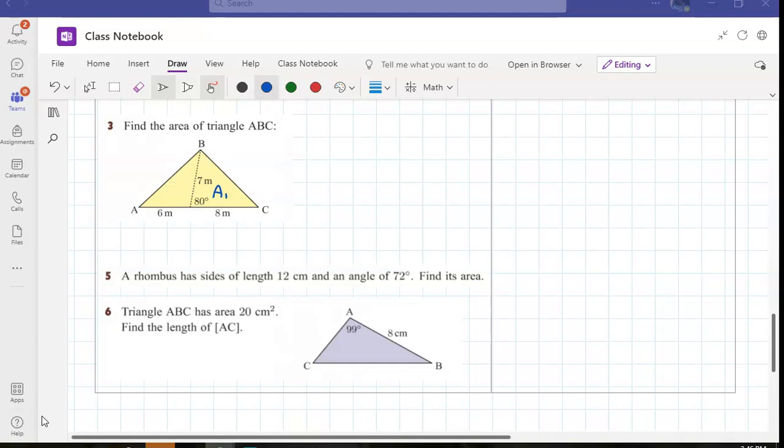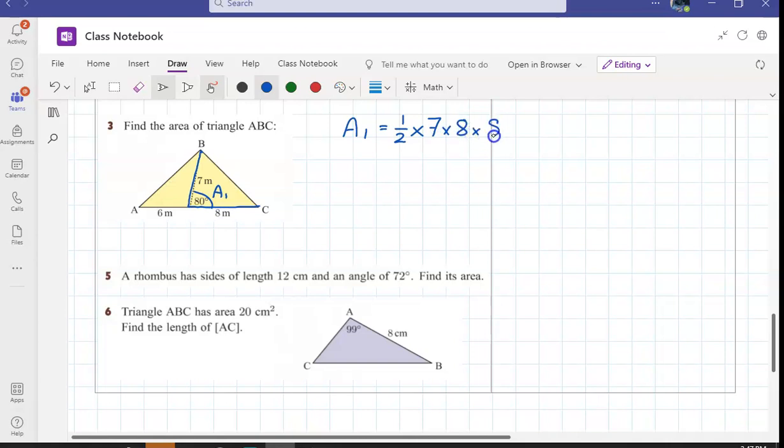So area 1. Can you see that we've got 2 lengths and the angle in the middle? Yep. So it's just going to be a half times the 2 lengths. Now you can say 7 times 8 or 8 times 7. It doesn't matter.